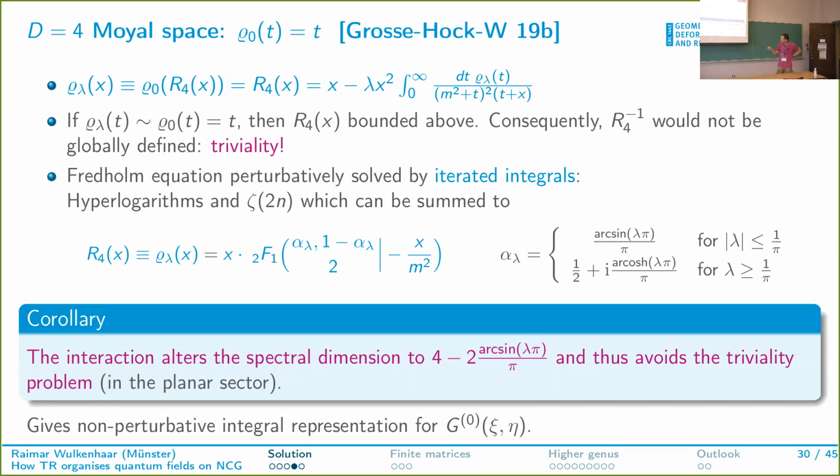So what you end up with is that R4 or rho is the Gauss hypergeometric function. And the dependence on the coupling constant lambda is inside the parameters of the Gauss function in an absolutely strange manner, inside the arcsine.